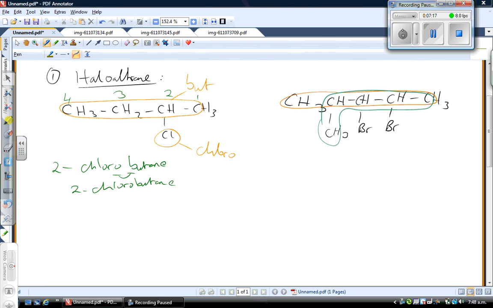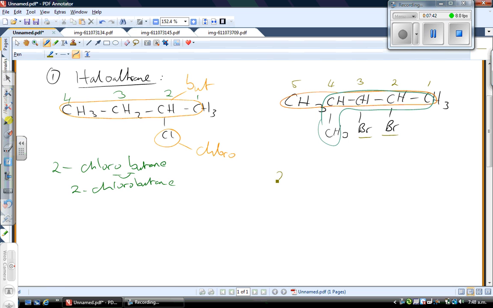Now, to decide which side group should get the lowest number, we need to consider which side groups are actually responsible for naming this family. So the bromos make this a haloalkane, so therefore they should get priority in terms of numbering. So we're going to number it this way, 1, 2, 3, 4, 5, as opposed to the other way around.